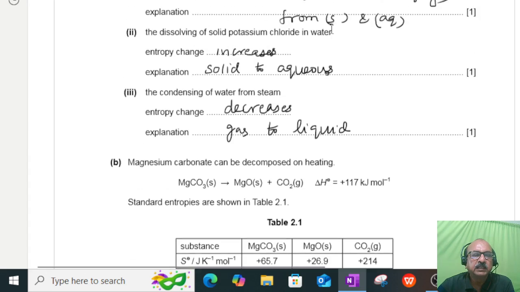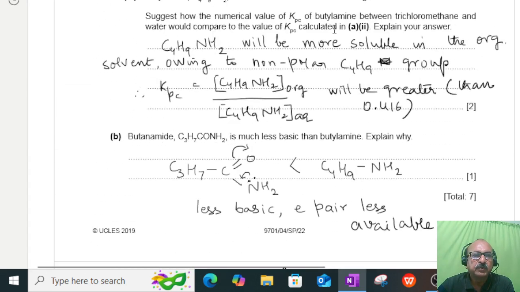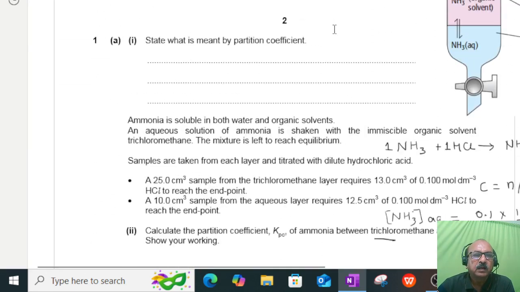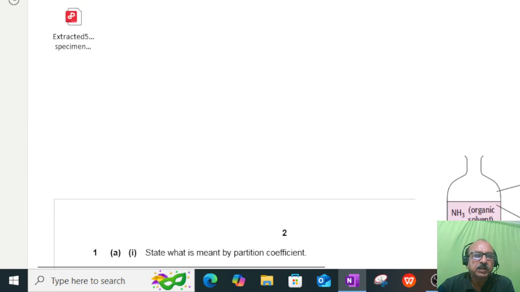In this video I'm going to solve question number 1 and 2 which were given in the specimen paper of the subject chemistry, subject code 9701, paper code 04 of the specimen paper of the A-level Cambridge Board chemistry exam.